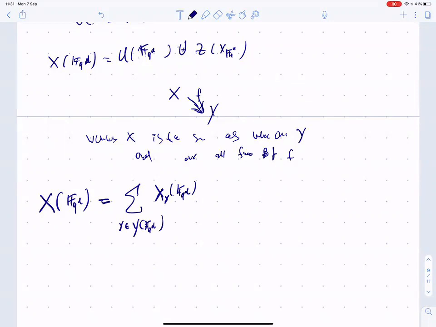So you want this to be something that you can do, but there's nothing in the way that the cohomology is described that allows you to do this.